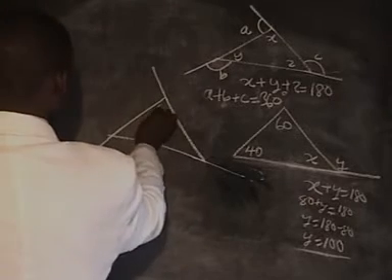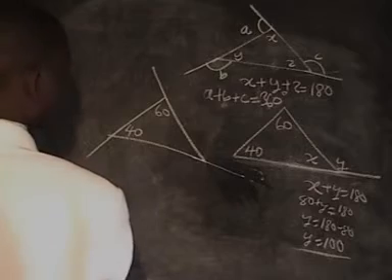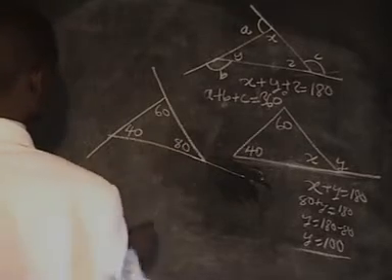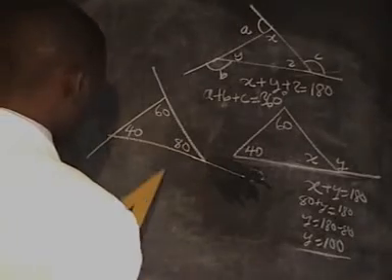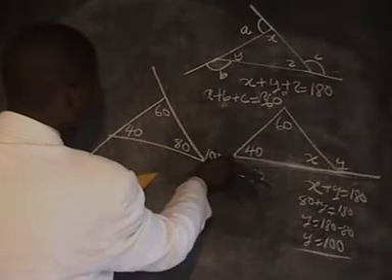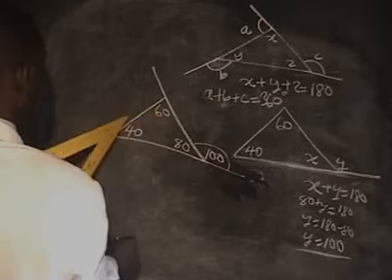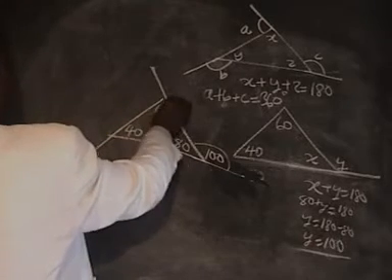Knowing very well that this is 60, this is 40, and this is 80, if this is 80, on a straight line, subtract 80 from 180, this is going to be 100. This is the first exterior angle. This is 60, 60 from 180 for a straight line there.